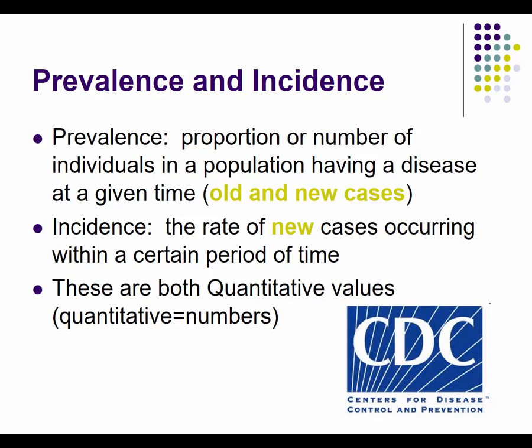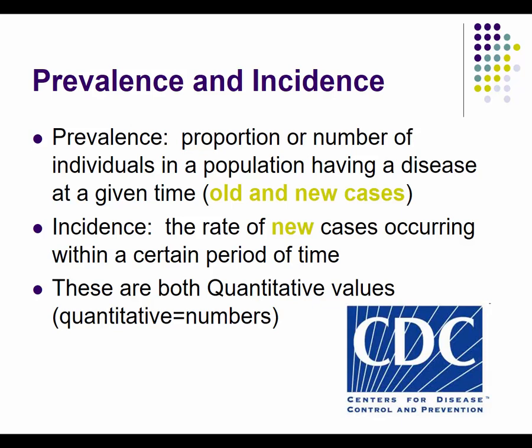Incidence is the number of new cases over a specific period of time. So that would be the number of new cases of HIV over the course of 2018 to 2019. Over one calendar year or one academic year, how many new cases do we have in that specific period of time? Does that make sense, the difference between those two? Total number versus number of new cases over a specific period of time?